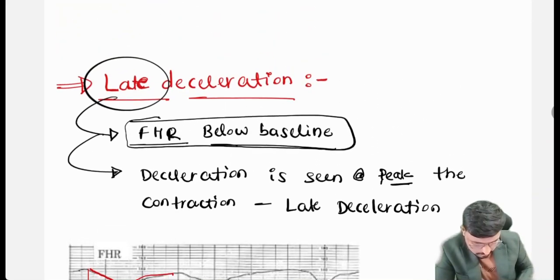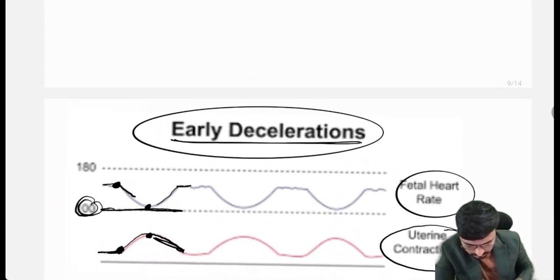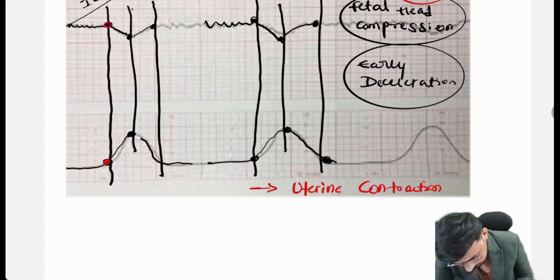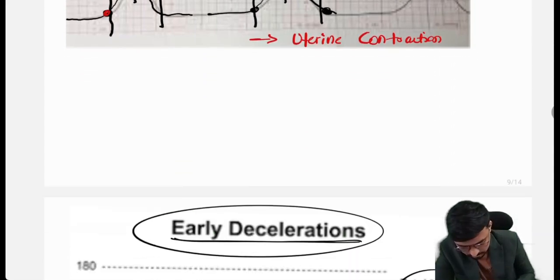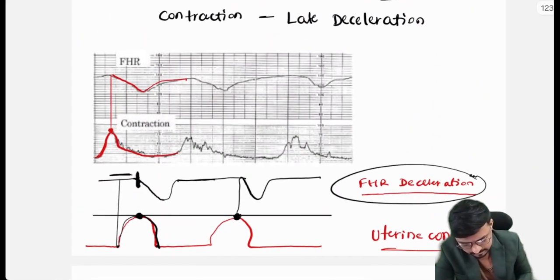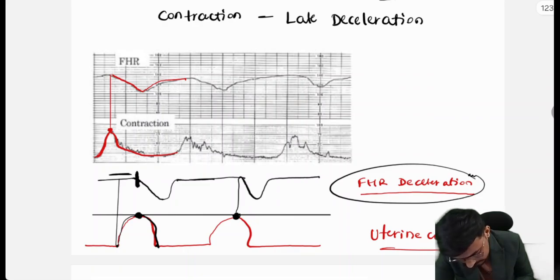But look at the early deceleration graph. Here the uterine contraction is beginning, and at the same time the fetal heart rate starts to decrease. But in the late deceleration, the fetal heart rate starts to decrease when the uterus is at the peak of the contraction. In the early deceleration, when the contraction started, at that time the fetal heart rate was decreasing.